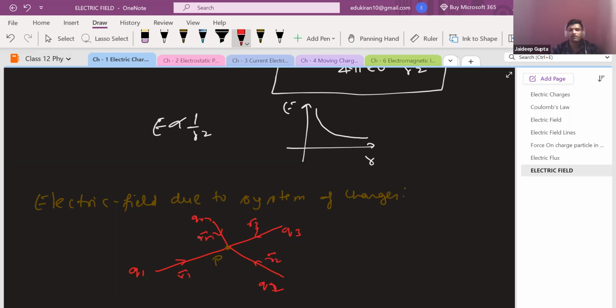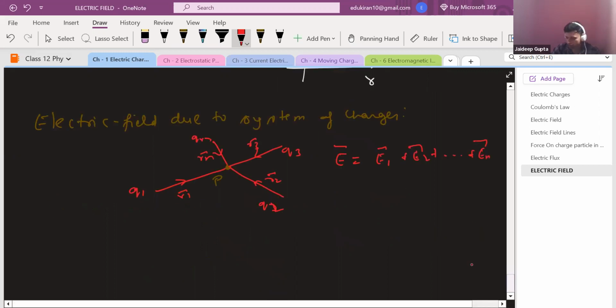Now, if we have to calculate the net electric field at point P due to n number of charges, we first calculate the electric field due to Q1, then due to Q2, Q3 and Qn, and sum them up according to the vector law of addition. So E equals E1 plus E2 dot dot dot up to En. This is the principle of superposition.